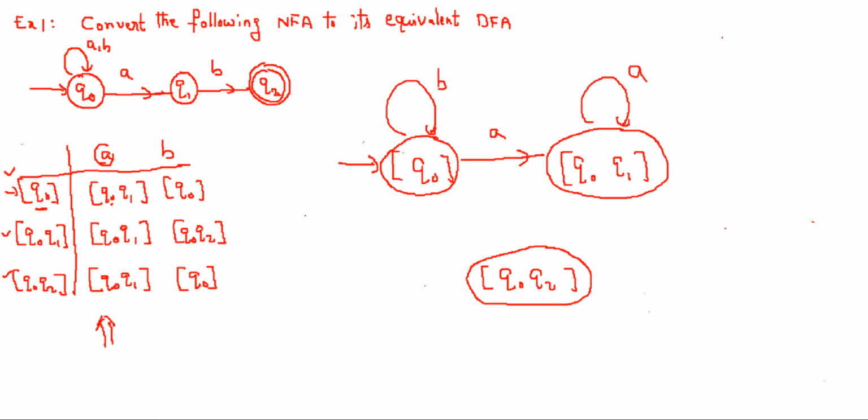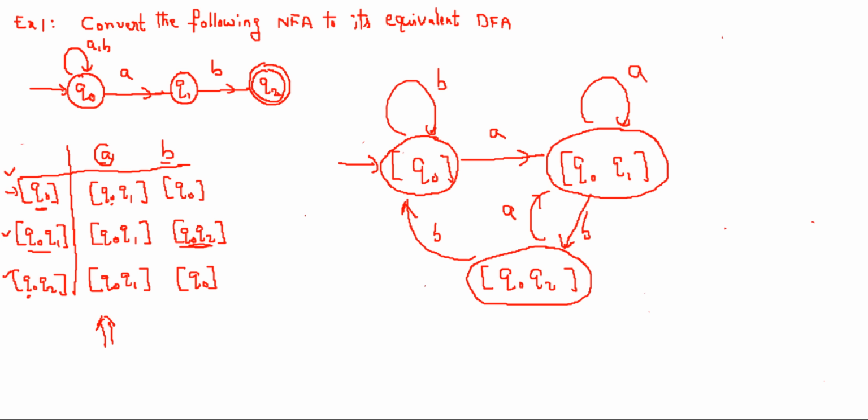You are going to Q0 Q1 only. Now after applying B on Q0 Q1, where are you going? Q0 Q2. You are moving to Q0 Q2. Now you see, what happens if you apply A on Q0 Q2? You are moving to Q0 Q1. So after applying B on Q0 Q2, where are you going? Q0.